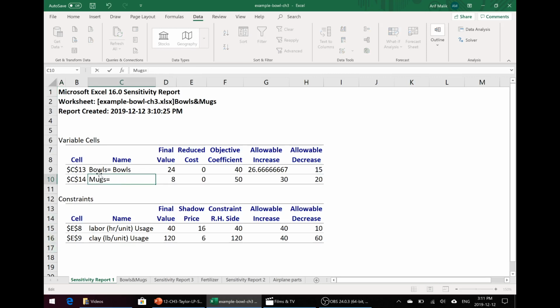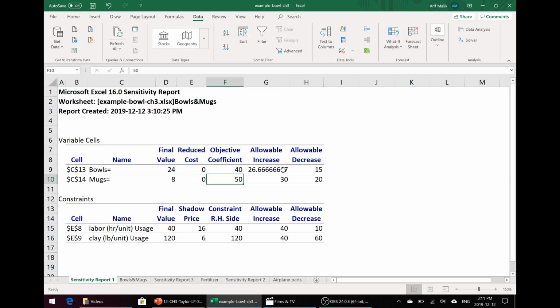This is bowls, and this is bowls also, just cosmetic here. And what we have is the coefficient 40 and 50. This is the final value, x1 is equal to 24, x2 is equal to 8, bowls 24, mugs 8, and these are the objective coefficients, 40x1 plus 50x2.